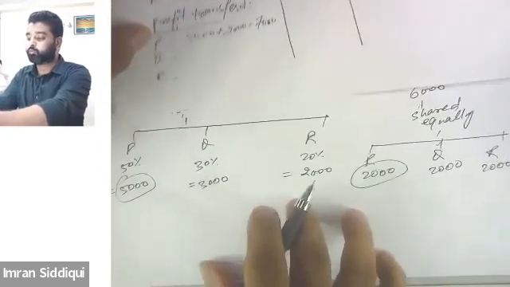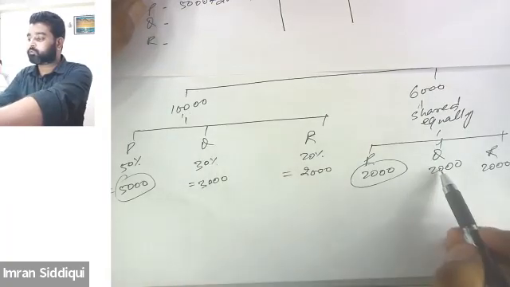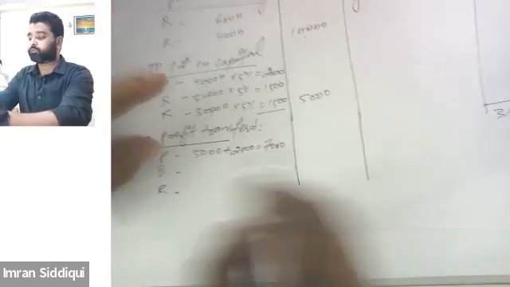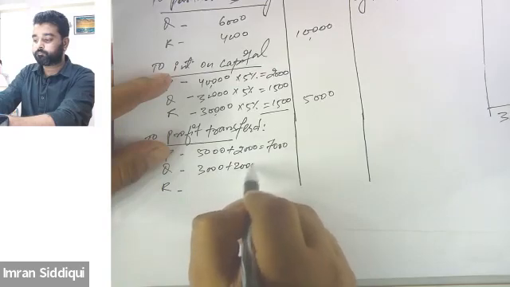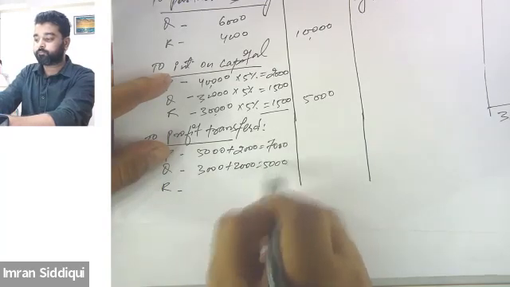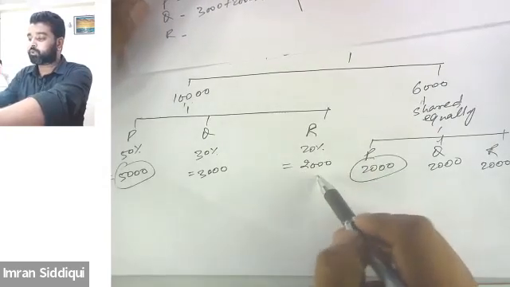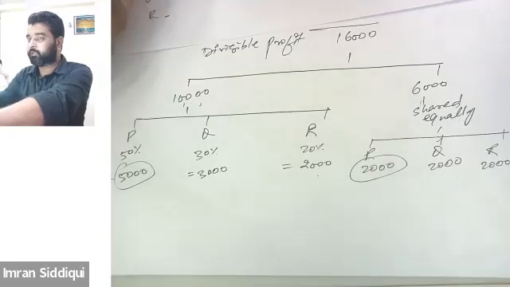Then to Q, 3,000 will be allocated out of the 10,000 and 2,000 out of the remaining divisible profit. That means 3,000 plus 2,000, that is 5,000. And for R, it will be 2,000 out of the initial 10,000 and 2,000 from the remaining 6,000.